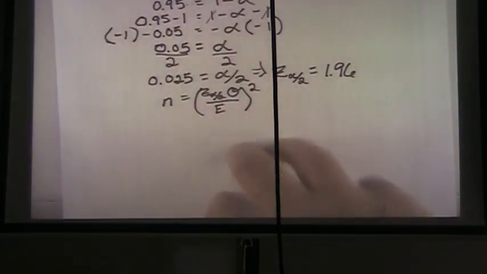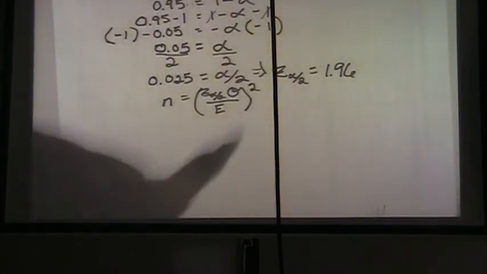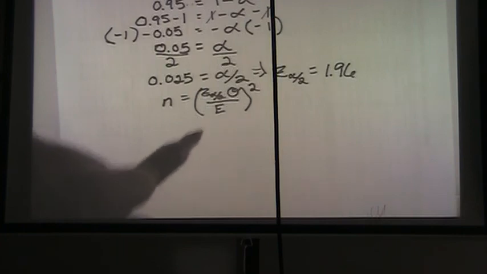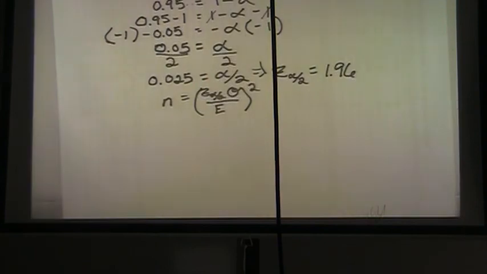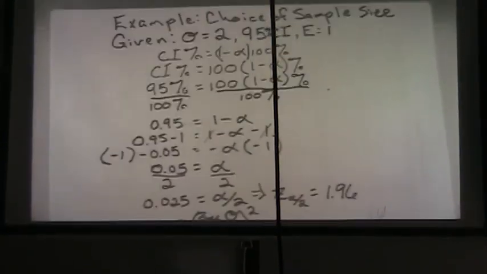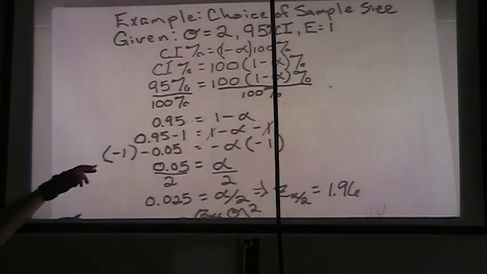Okay, not the best handwriting ever, but sorry, I seem to have injured my wrist somehow. All right, well now I have everything I need to work that equation, because we already said that we have a standard deviation of 2 and that we want an error of 1.